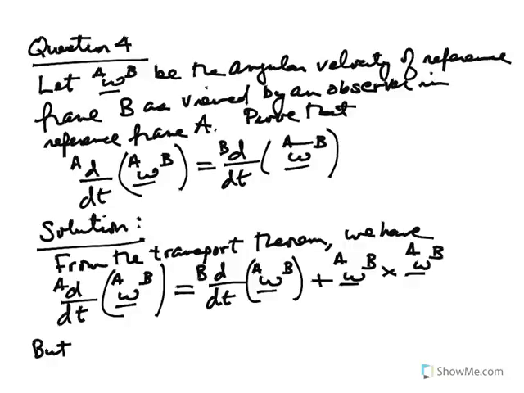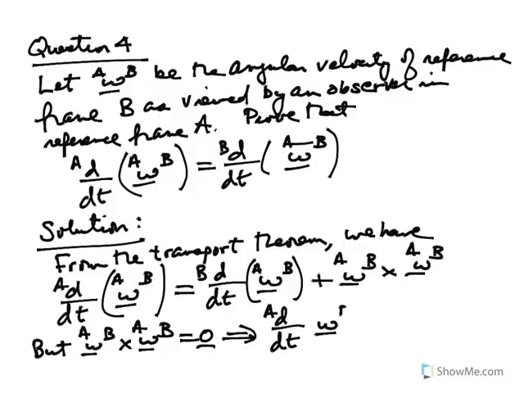But omega BA crossed with omega BA is equal to 0, which implies that d dt in A of omega BA is equal to d dt in B of omega BA.